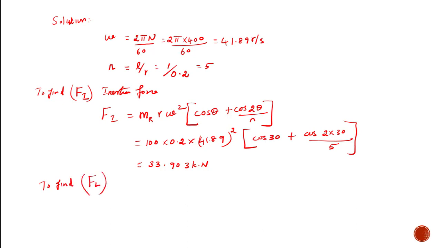We call that FL, because we are asked to calculate the piston effort, and while finding the piston effort we are in need of this value FL, that is force due to gas pressure. So how to find out this value FL?